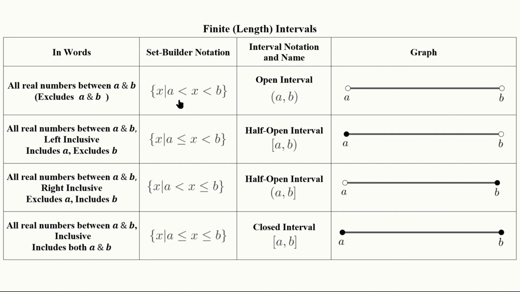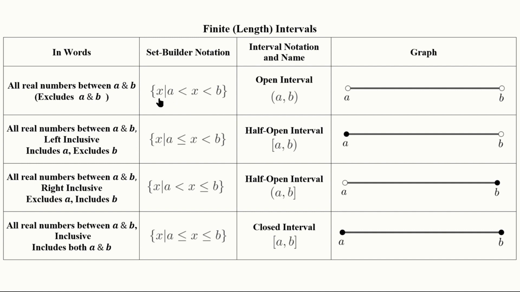So when you only consider numbers between, you do not include the two endpoints. The way that you can write that in what we call set builder notation is you say all x such that x is between a and b. Given that only real numbers can be compared in this manner using inequality, it's not quite necessary to say all x belonging to the set of real numbers such that this is true.